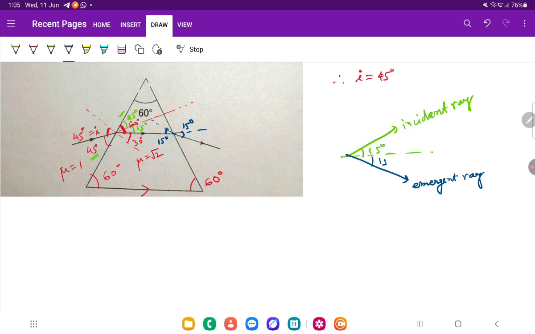This is also making an angle of 15 degrees, but in the clockwise sense from the horizontal, and the green one, the incident ray, was making 15 degrees in the anti-clockwise sense from the horizontal, right? So we are done with the directions of the incident ray and the emergent ray.